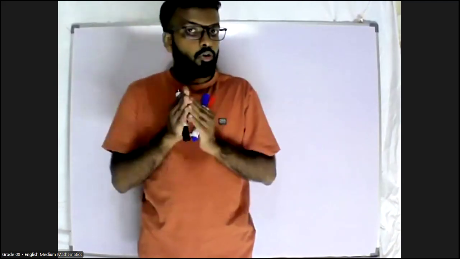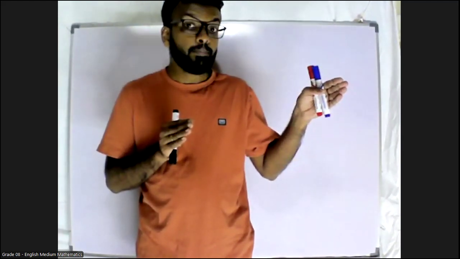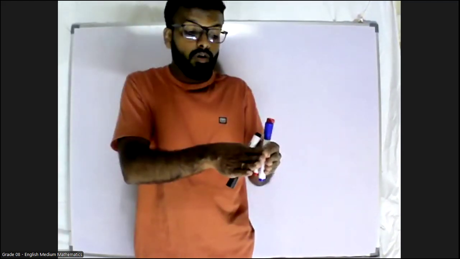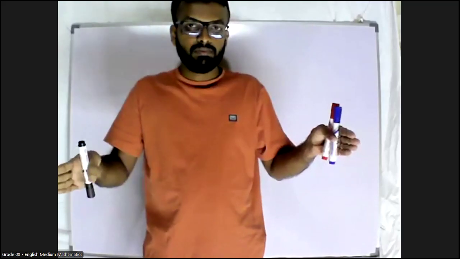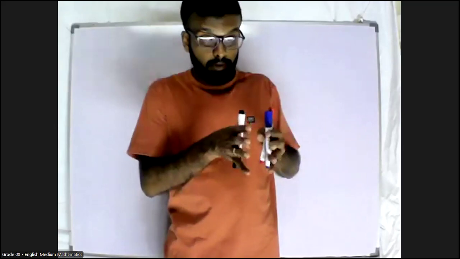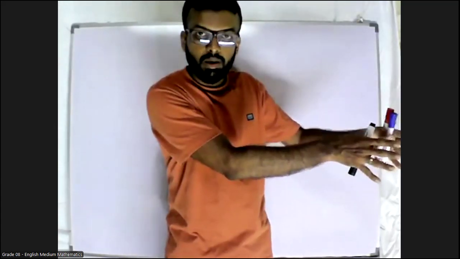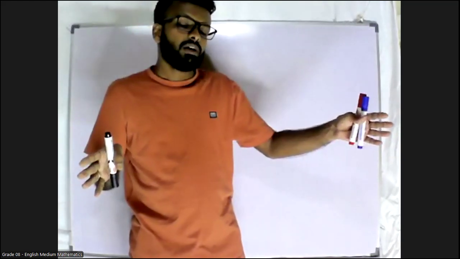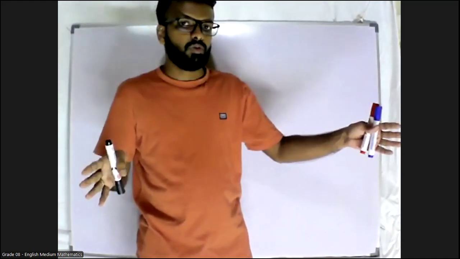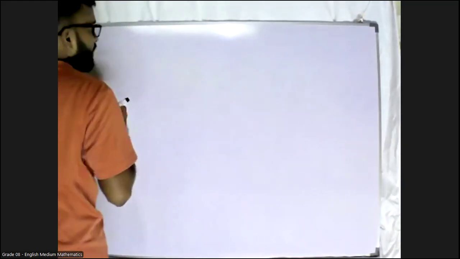When you have a mixed number, you have to convert it into an improper fraction before doing simplification. Right? So today we are going to start multiplying a fraction, right?